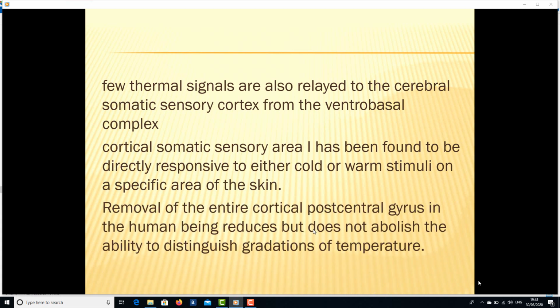Removal of the entire cortical postcentral gyrus in the human being reduces but does not abolish the ability to distinguish the gradations of temperature.